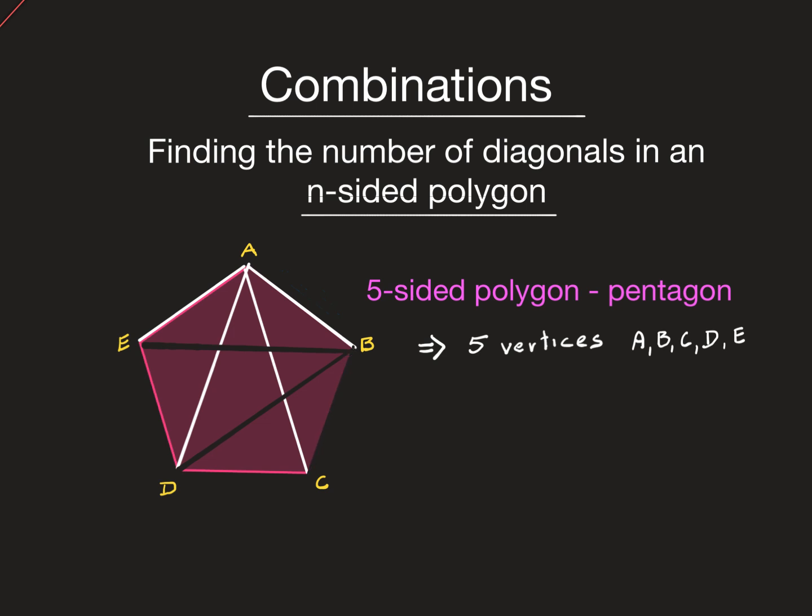If I start at vertex C, I can't draw a line from C to B because I've already drawn a line from B to C.